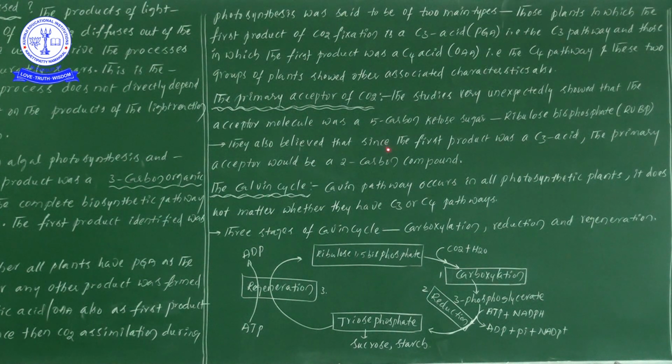They had believed that since the first product was a C3 acid, the primary acceptor would be a 2-carbon compound.